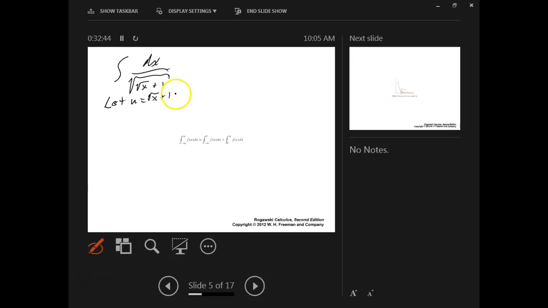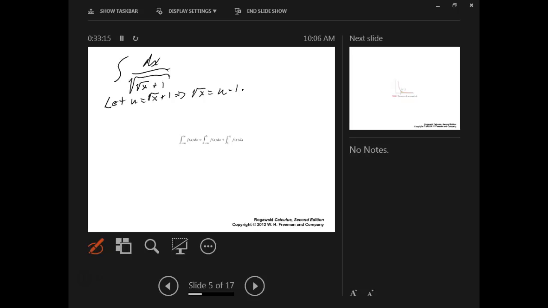Then this implies that the square root of x is equal to u minus 1, right? Okay.